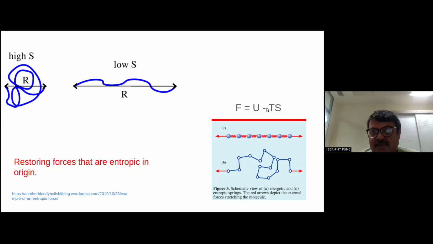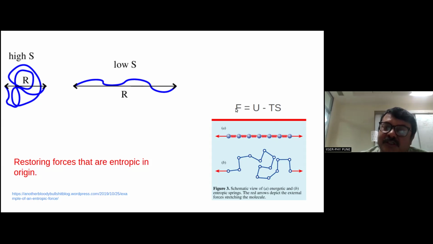If you stress the same amount, the number of microstates which is getting decreased is the same, which is basically contributing to S. But since T is higher, the change in free energy for the same change in number of microstates which contributes to S is more. Change in free energy is more.